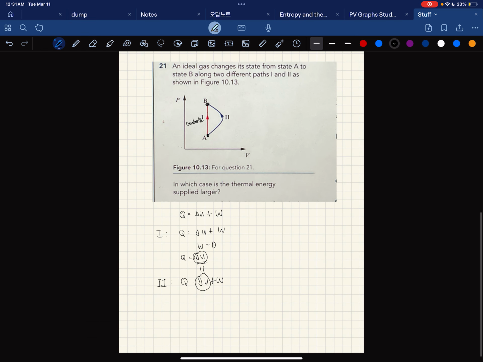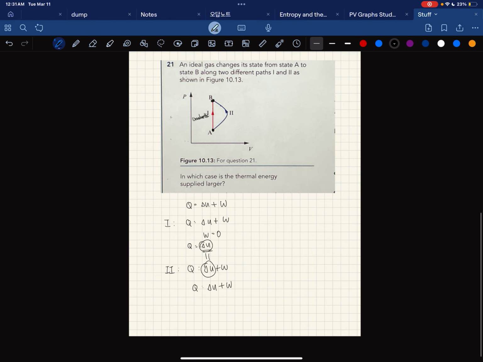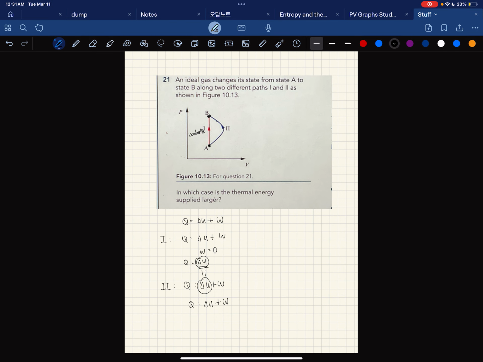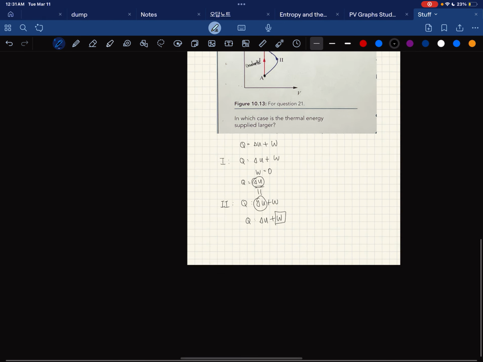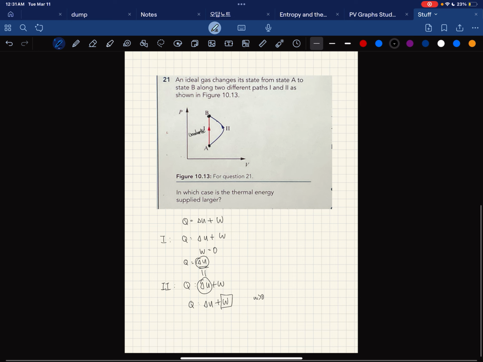Now, for I, we can tell that heat transfer is change in internal energy plus work done, right? So to find out whether the thermal energy supplied is higher in I or II, we need to find out what the work done is, or more specifically, if work done is bigger than 0 or smaller than 0.